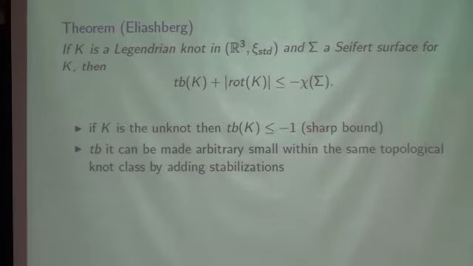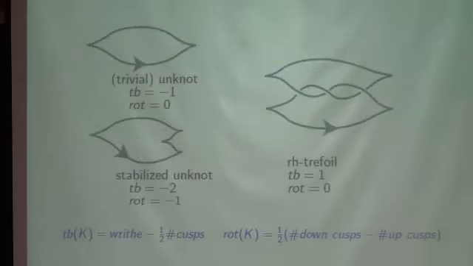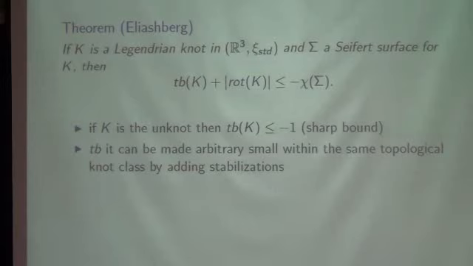And if we go back and look at this example here, this is one where the bound is sharp. TB plus rotation gives us -1. And what we see then is that this is the largest the TB can ever be. So that's the maximal TB, that example there.